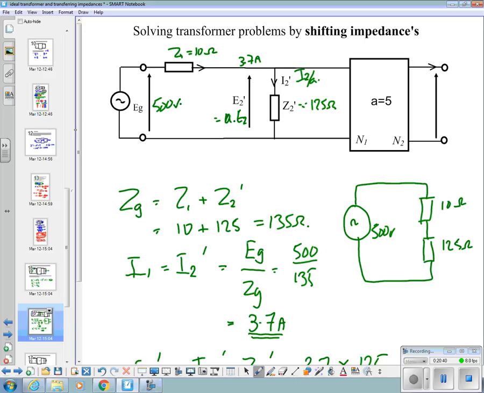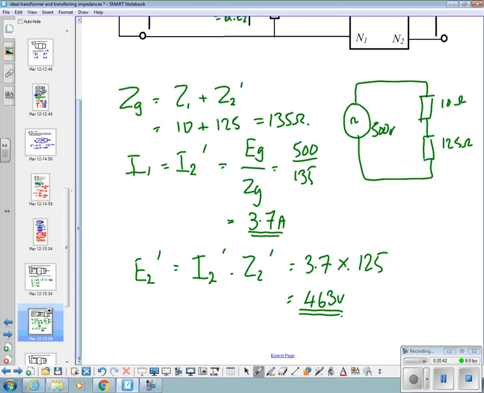Okay, so now we know what I2 dash is and E2 dash.